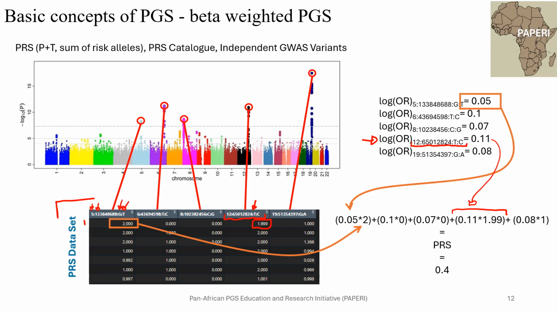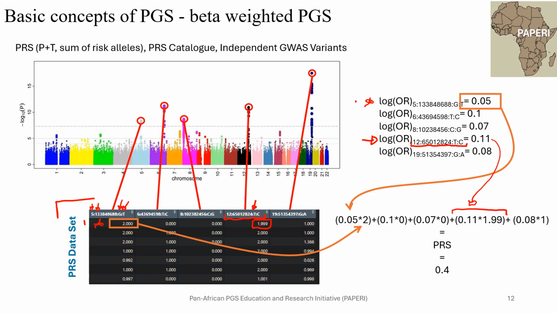So here I have the example for the first individual, individual 1. They have a dosage value of 2 over here, and we're multiplying that for the SNP by the effect size from the corresponding loci from the GWAS study, that's 0.05.